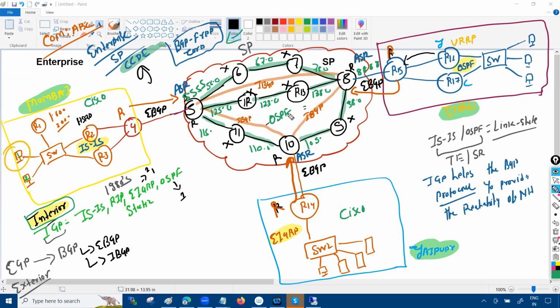People are always confused about BGP and IGP. If you have an IGP, then why run BGP? And if you have BGP, then why run the IGP? Dude, both are a mandatory part. IGP is just helping the BGP protocol by providing next hop reachability. If you don't run the IGP, your BGP will not work.